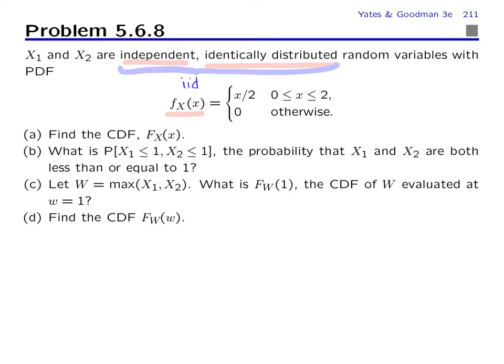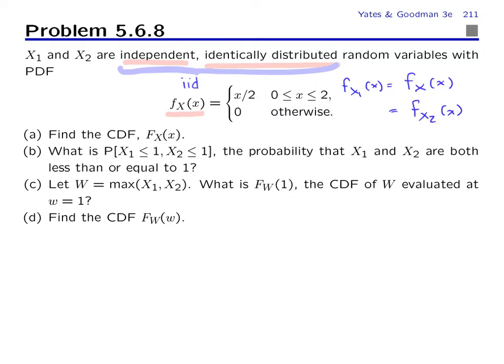I'll often just write IID as if it were a word because it's so convenient. So the fact that they're identically distributed means that x1 has a PDF, fx1 of x, that's exactly the same function as fx of x, and that in fact is the same as the PDF of x2 with dummy variable x.